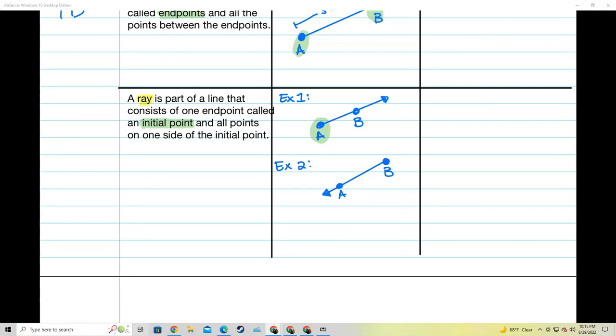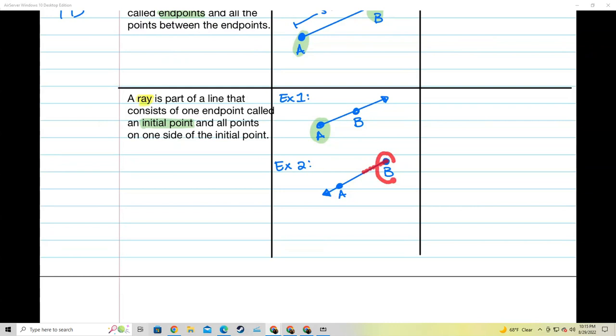Let's look at example 2. On example 2, A is not an endpoint because as I approach A, I see it and I keep going right through. And that's the same thing going in the opposite direction. As I approach A, I see it and I go right through. So A is definitely not an endpoint. However, B, as I approach B, I see it and it stops.